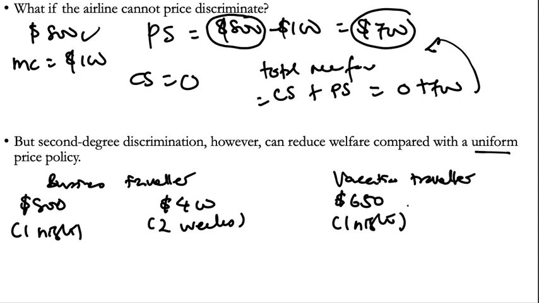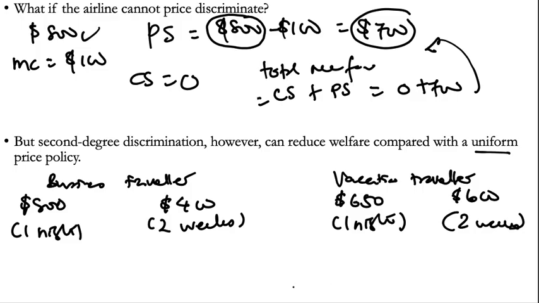But then when you ask him to stay 2 weeks, his willingness to pay increases. Instead of 400, it becomes 600. So this is the new reservation price now.